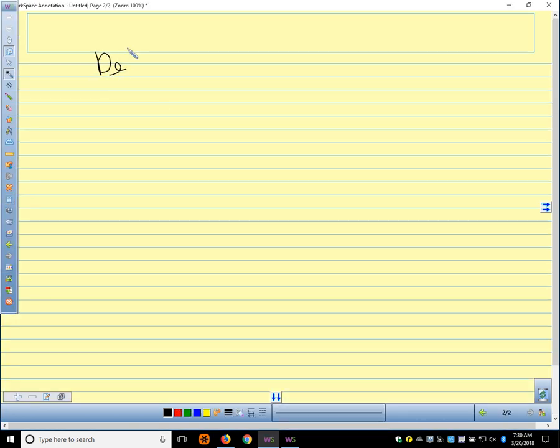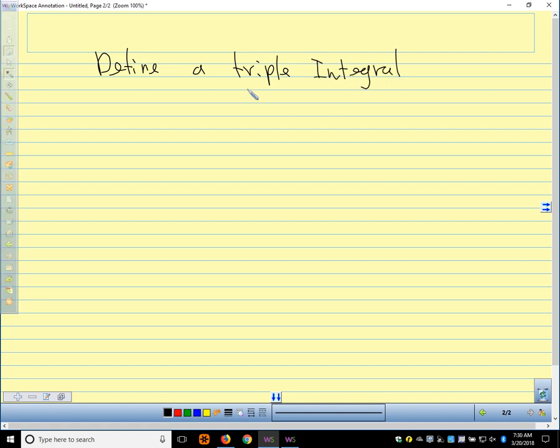So we're going to define a triple integral over our solid region Q of f of x, y, z dV, and that's going to be this limit as delta V approaches 0.